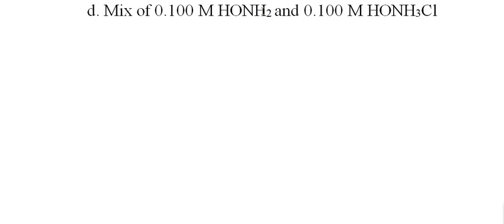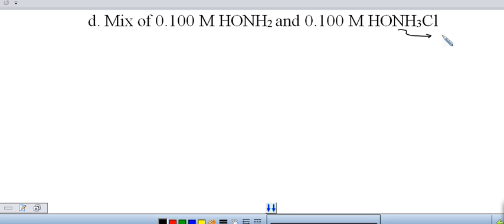So for this one, we know the salt is going to break up 100%. So I can just make a mental note of that, or I can just write that out, or somehow indicate that I'm going to have HONH3 plus and Cl minus, and I'm going to have 0.1 molar of each of those things. I know that Cl minus is not going to affect the pH, so I'm only really concerned about this acid anion.